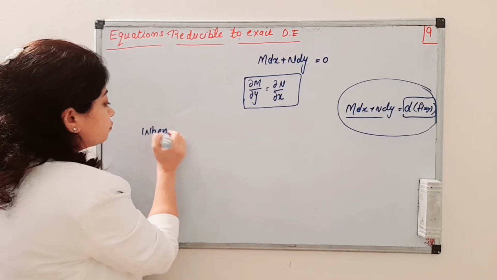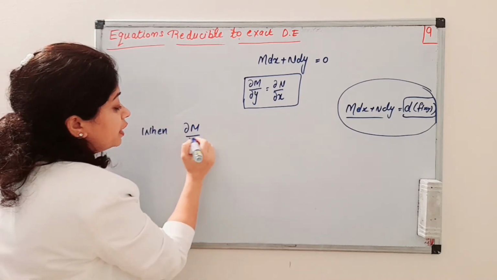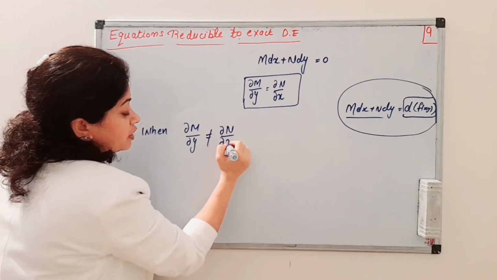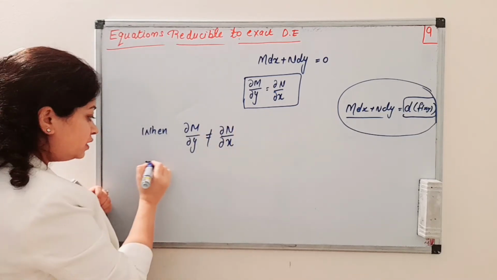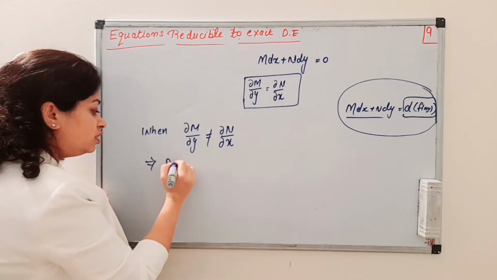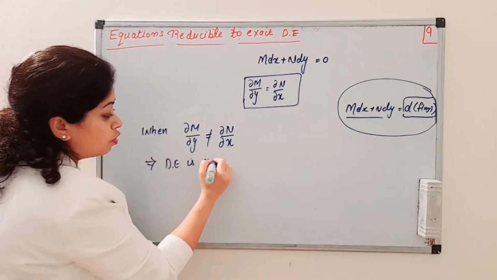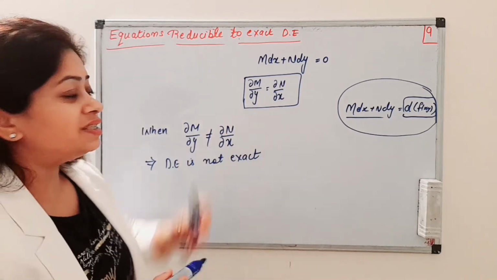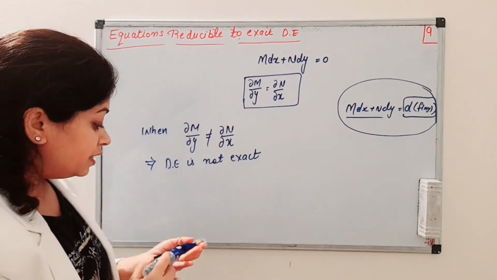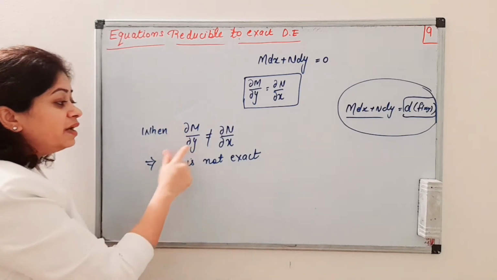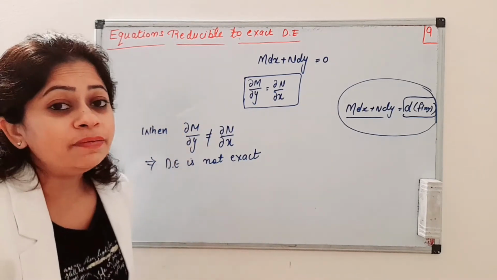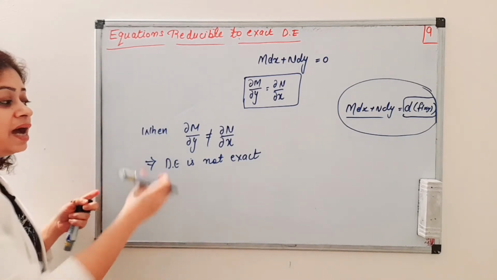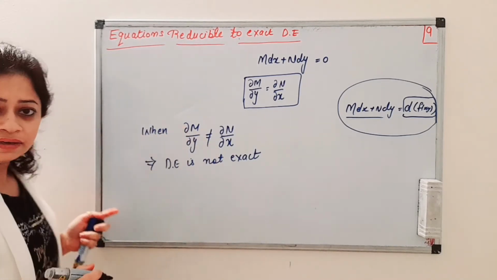when ∂M/∂y is not equal to ∂N/∂x, this implies the differential equation is not exact. That we have studied, because this was the necessary and sufficient condition. So how can we make that differential equation exact?